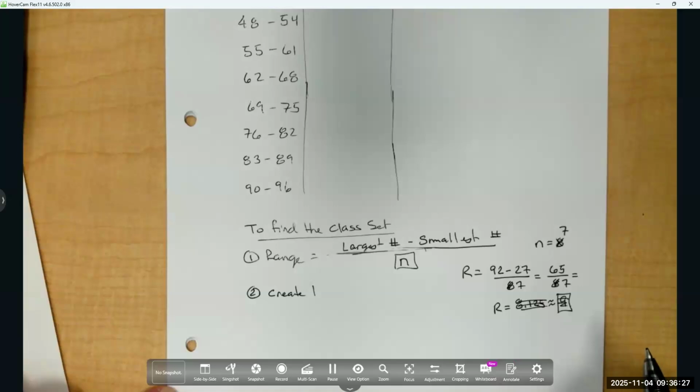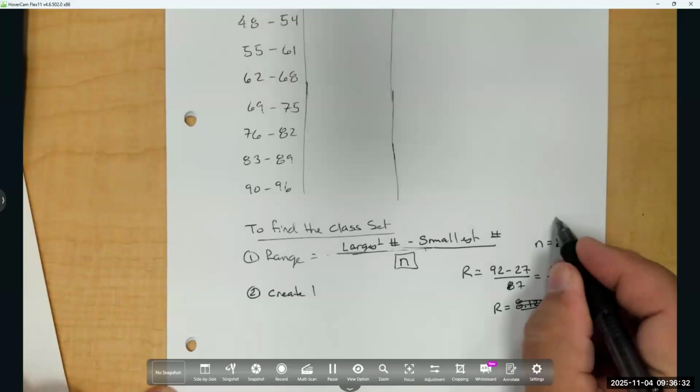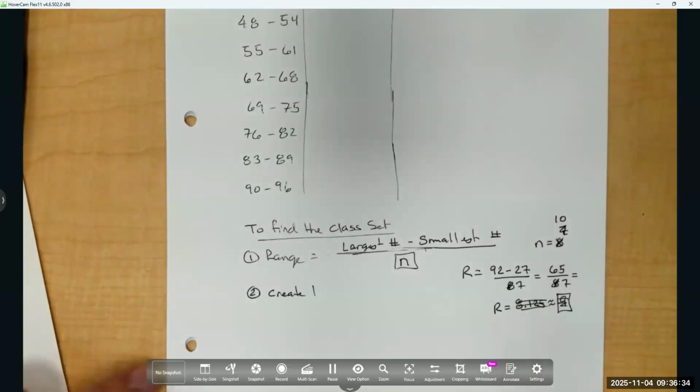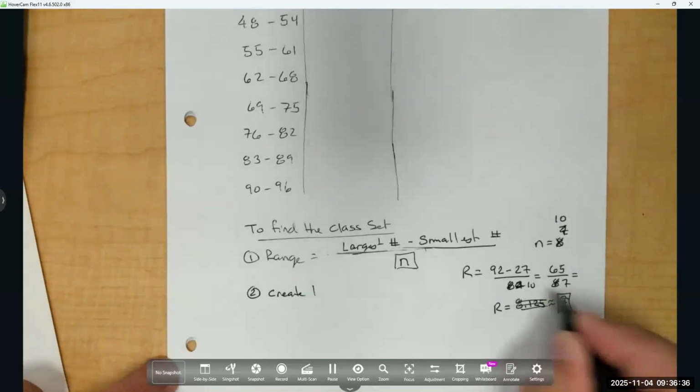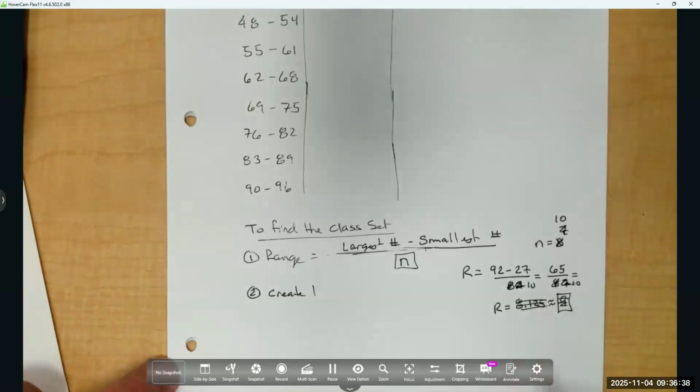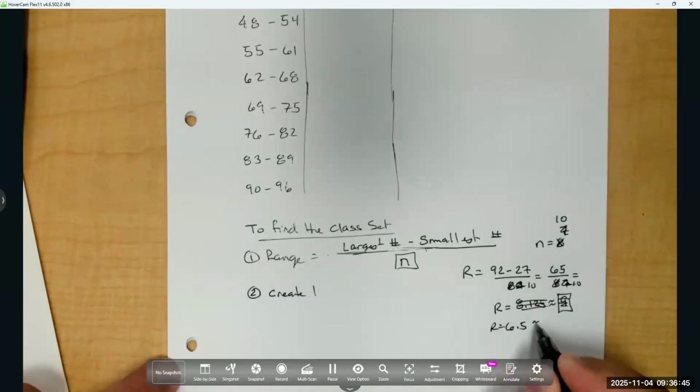So what do we get there? Oh no, we picked 10 because we wanted a lot of them. I have to catch up where we were last time. So 65 divided by 10 is 6.5, which rounds up to 7.